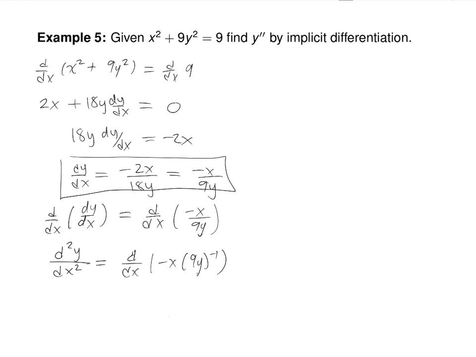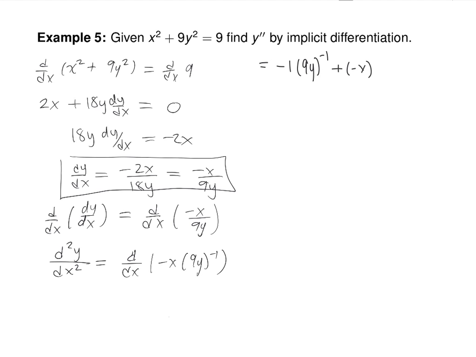So on to the product rule. Okay. So what's the derivative of the negative x? Negative 1 times 9y to the negative first. Okay. And then plus negative x.